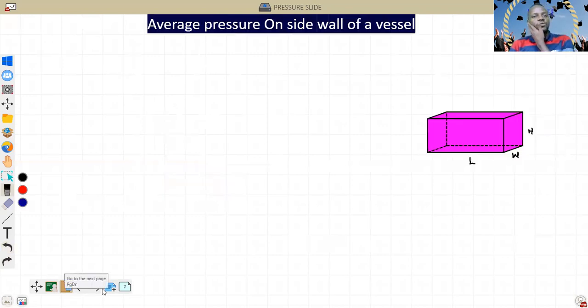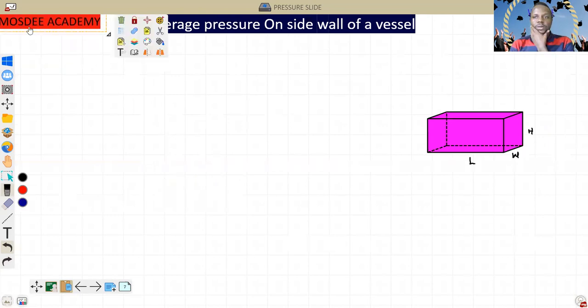Fine. Now the next one here is what we call the average pressure on the sidewall of a vessel.